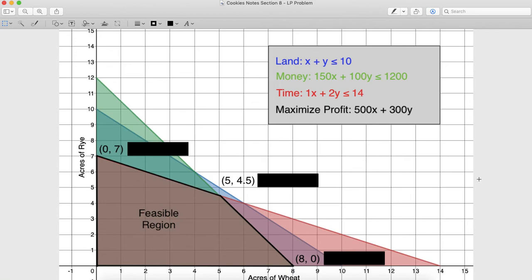Since that's a little more complicated on the computer, I'm going to take my other strategy, and I'm just going to take these 3 coordinates, (0, 7), (5, 4.5), and (8, 0), and substitute them into my objective expression and see which of those three ordered pairs gives me the best profit.